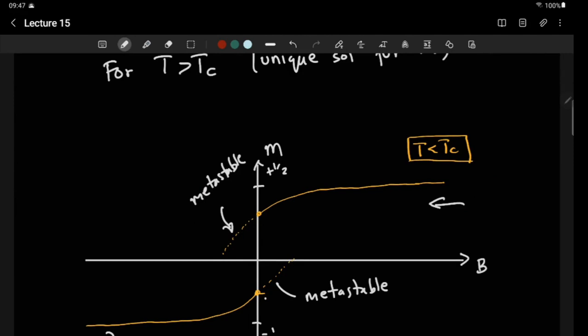So we have to check what is happening. Here B is positive. Remember, B is positive, and so what happened was that this is the 2m equal to 2m naught solution, plus 2m naught solution, and when you had a positive B, that solution got lifted, right? That got pushed up, and so this is metastable.